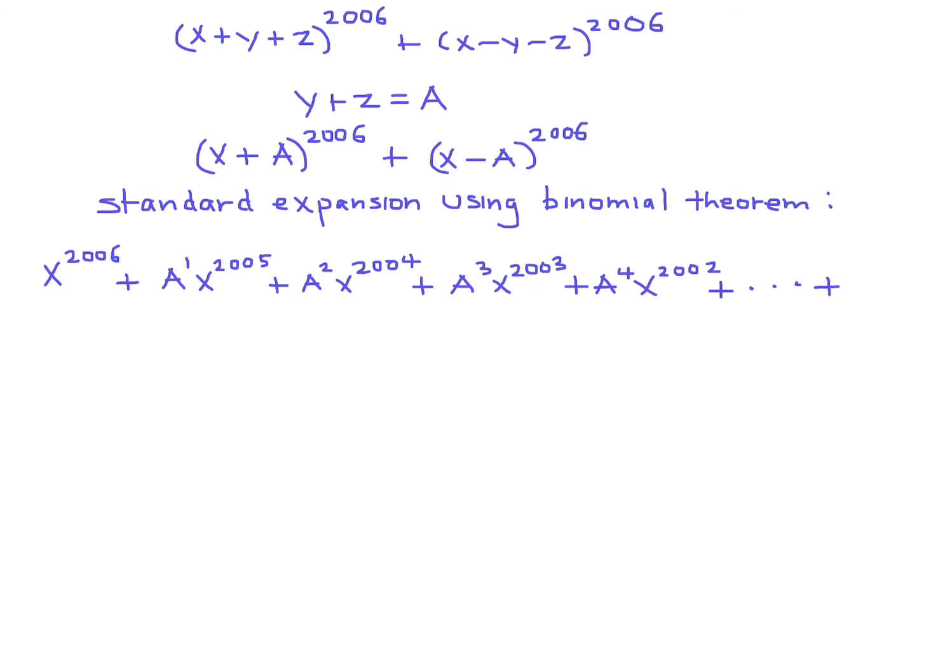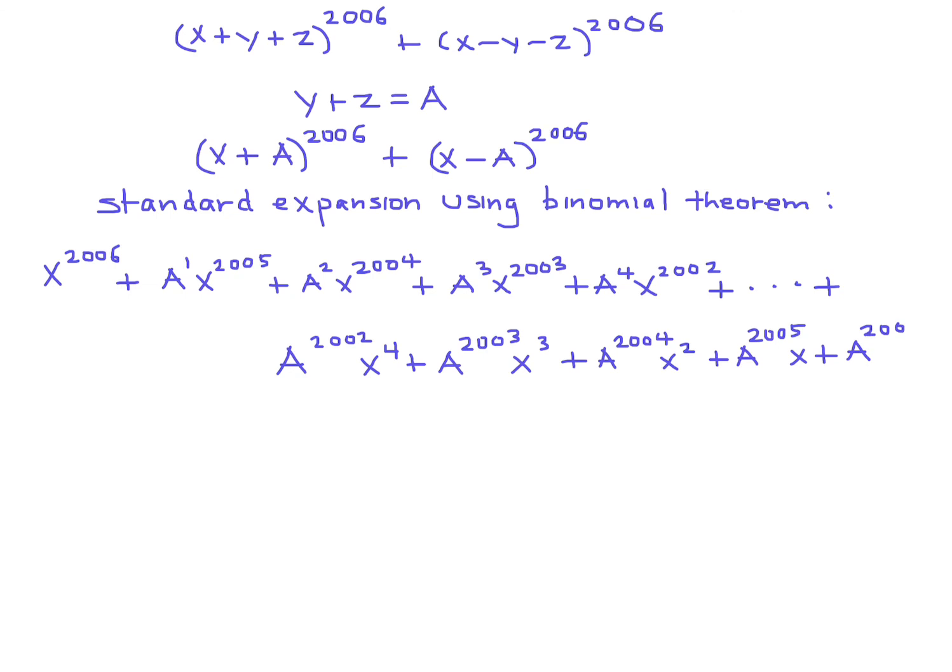I did the first 4, I'll do the last 4. So a to the 2002 x to the 4th plus a to the 2003 x to the 3rd plus a to the 2004 x squared plus a to the 2005 x, and then finally a to the 2006.